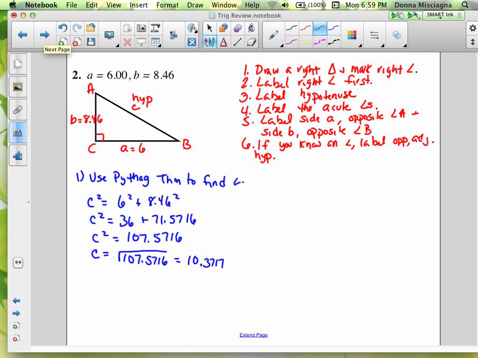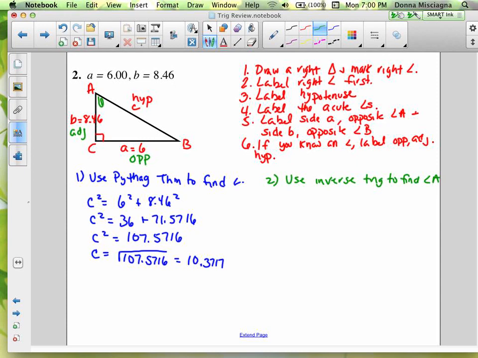Now we're going to find our missing angles, and we're going to use inverse trig ratios. Let's find angle A first. Relative to angle A, 6 is the opposite, and 8.46 is the adjacent. So we always start with our trig ratio.